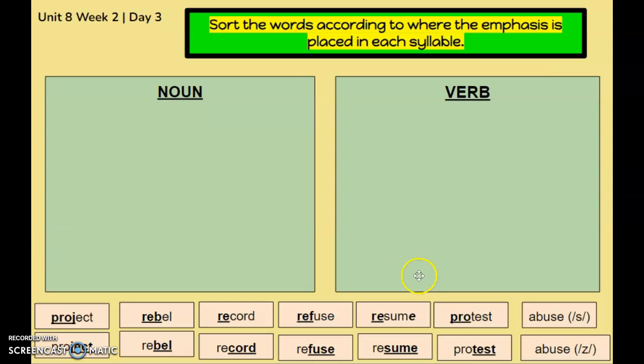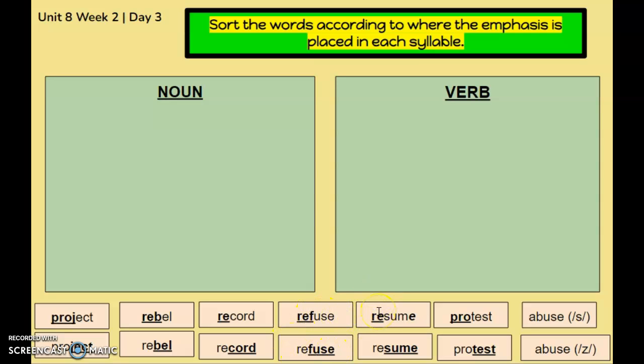So what you're going to be doing today is you're going to sort the words according to where the emphasis is placed in each syllable. So you have some homograph pairs here. You have project and project, rebel and rebel, record and record. You have refuse and refuse.